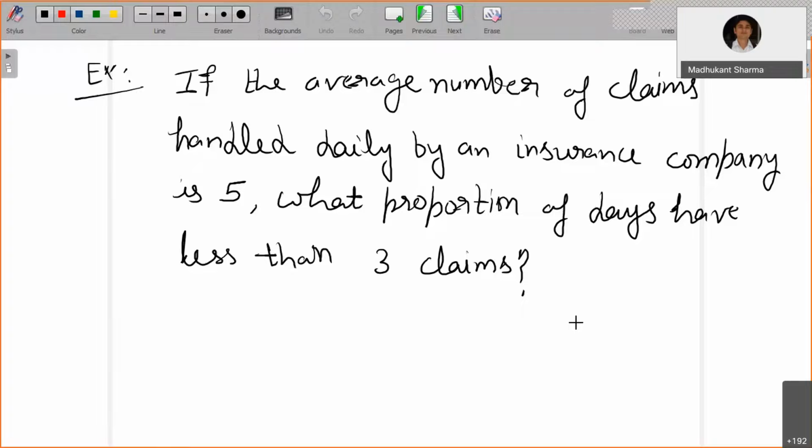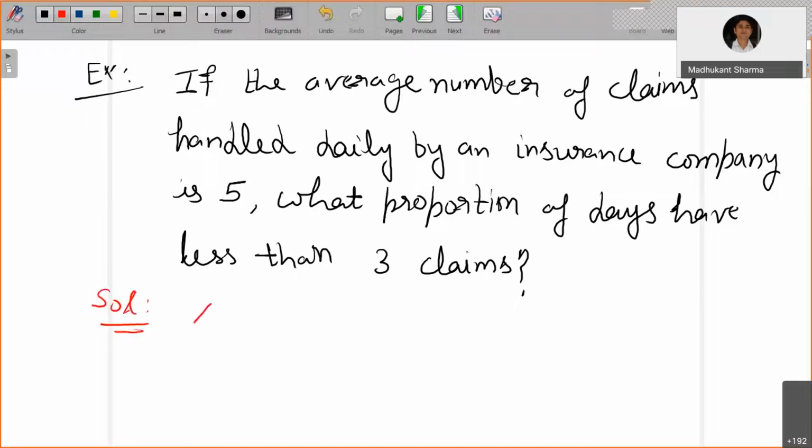Certainly we can understand the claims handled by an insurance company as a Poisson distribution. The average number is given, so I don't need to repeat here.